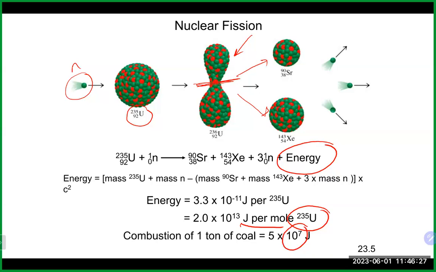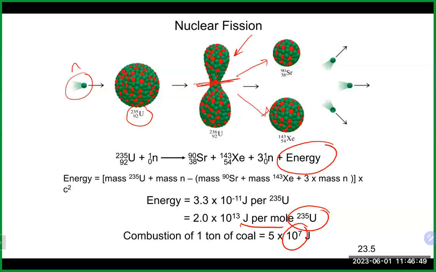So a lot more energy is given off in fission reactions than in a traditional chemical reaction. A lot of that has to do with chemical reactions being all about electrons and breaking and making bonds. Here we're getting into the nucleus, which is a lot of change, a lot of energy change in that process.